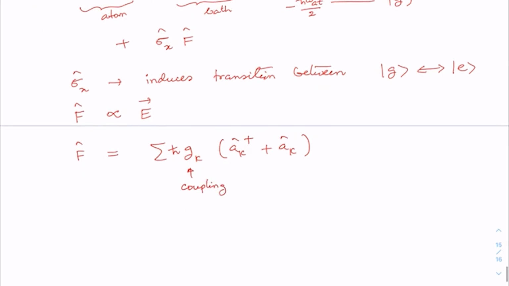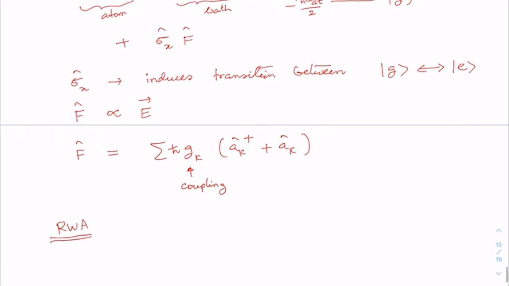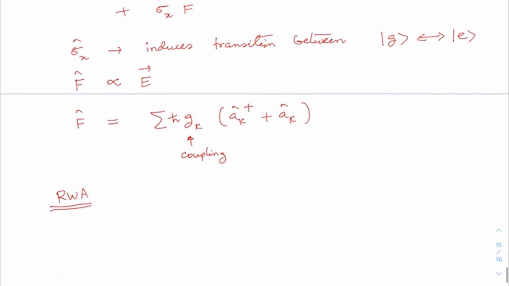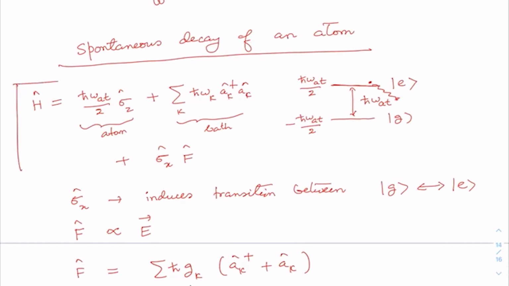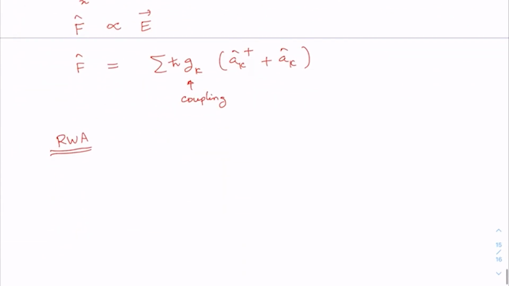Now, using the so-called rotating wave approximation, this Hamiltonian can be solved. It should remind you of the Jaynes-Cummings model that we have already discussed.